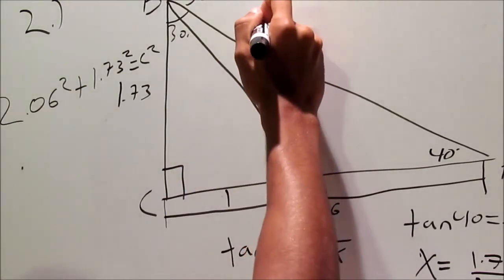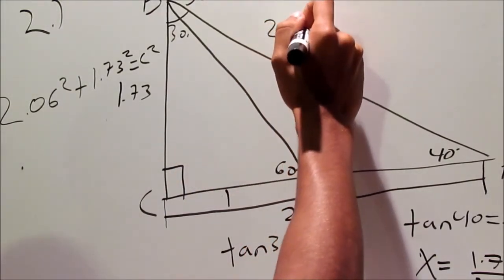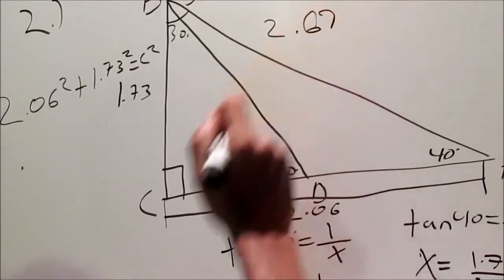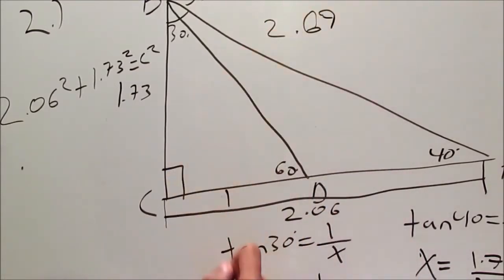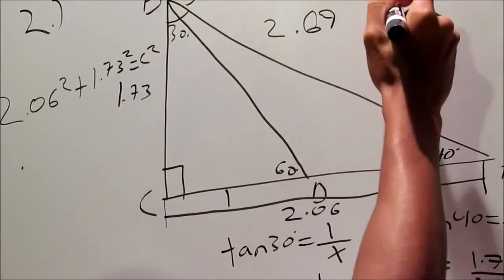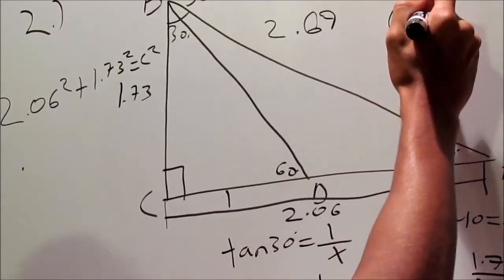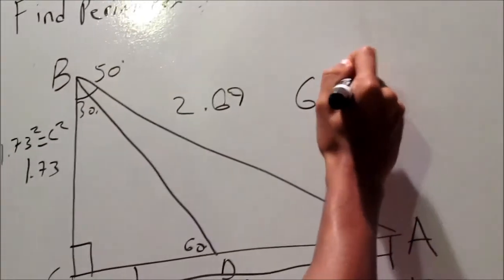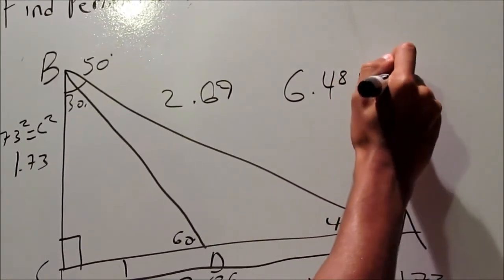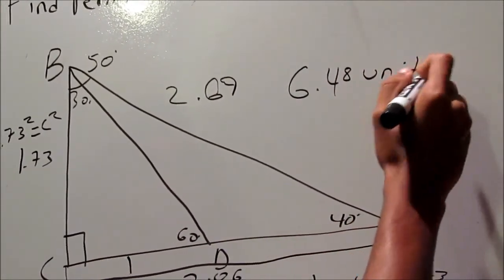And this side equals 2.69 units, and for your perimeter you would add all these up, so 2.69 plus 1.73 plus 2.06 equals 6.48 units for the perimeter.